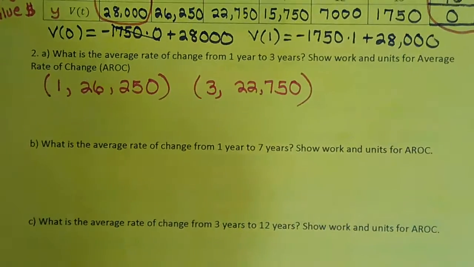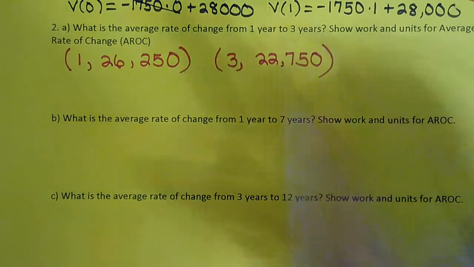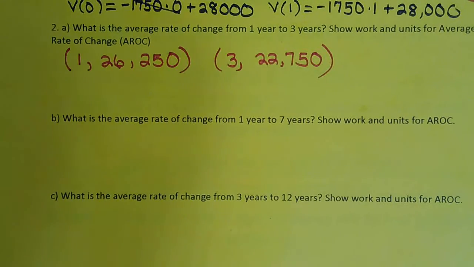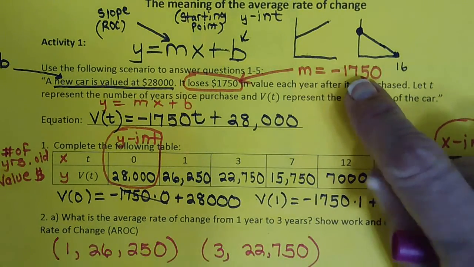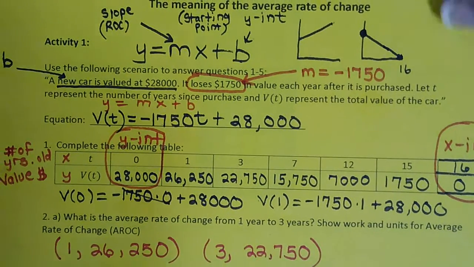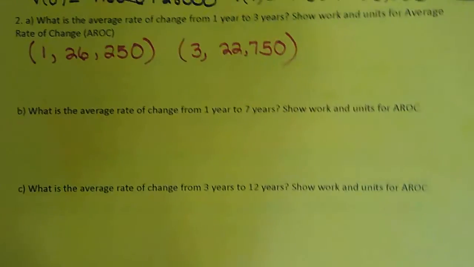Yeah. It doesn't matter which 2 points you pick. Remember how we said the slope of a line never changes? That's why we call it a constant rate of change. So whether I do it from year 1 to year 3, year 1 to year 7, year 3 to year 12, guess what my rate of change is going to be? They're all going to be the same. You should know that ahead of time, that a line never changes its slope. It has the same steepness throughout, so it doesn't matter which 2 points we pick.